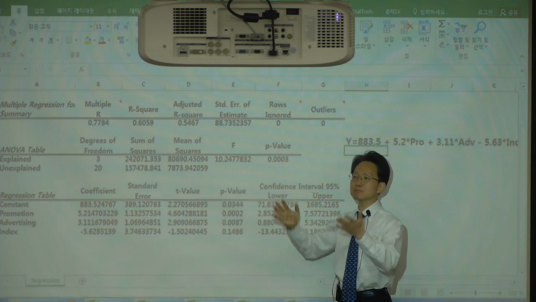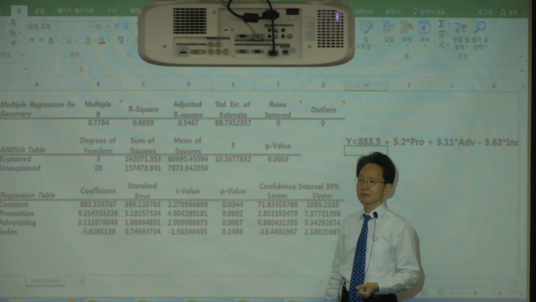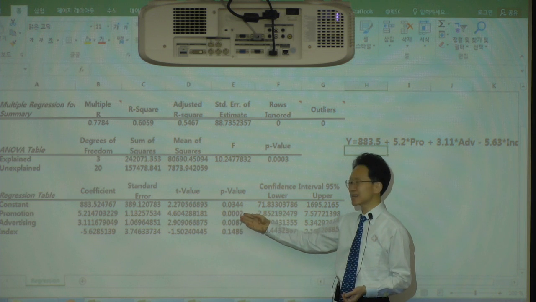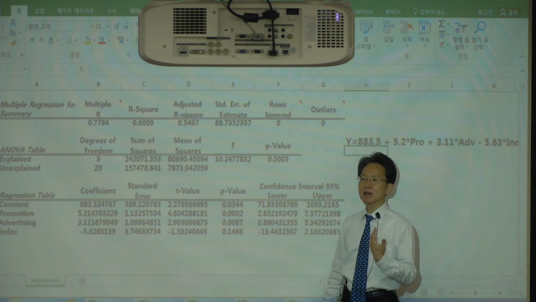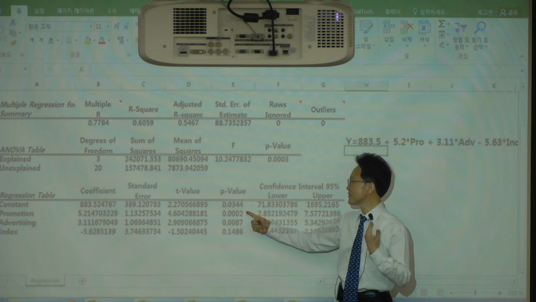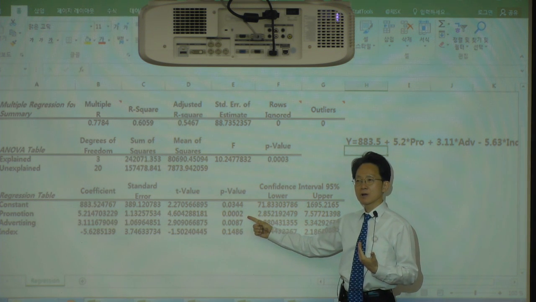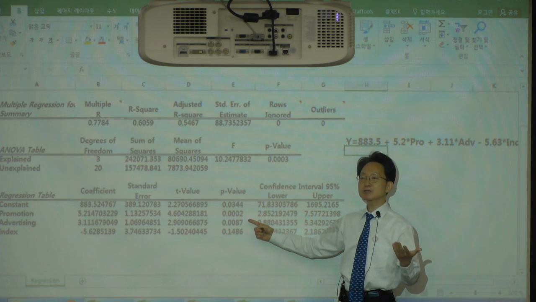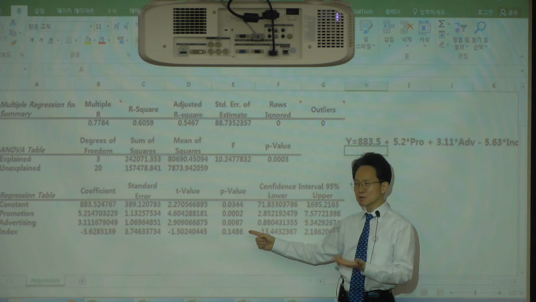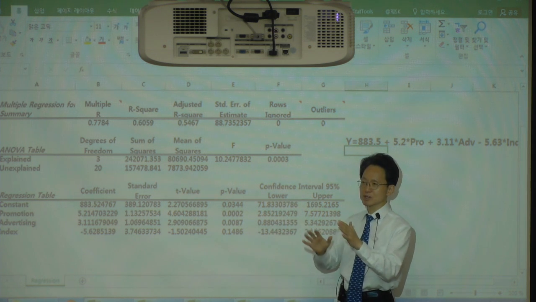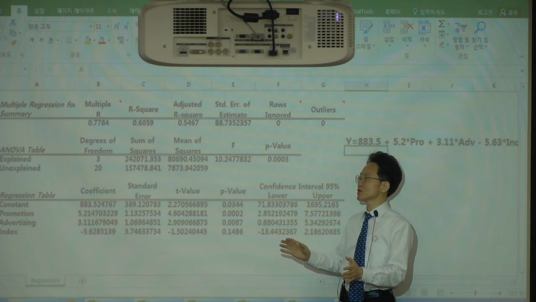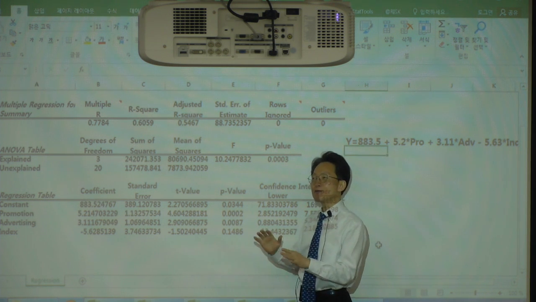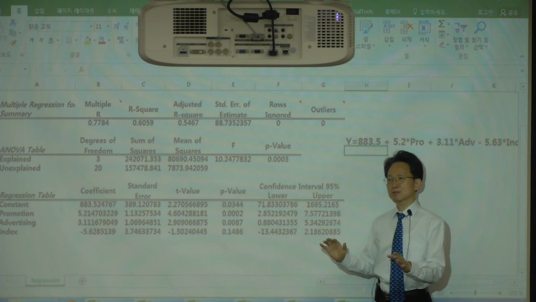I'm almost 100% confident. Because my confidence level is 1 minus p-value. And in this case, 99.9% is my confidence level. So this is very strong. And that means that I can reject the null hypothesis which says that beta 1 equals 0, which says there is no relationship between promotion and sales. I can perfectly confidently reject the null hypothesis.